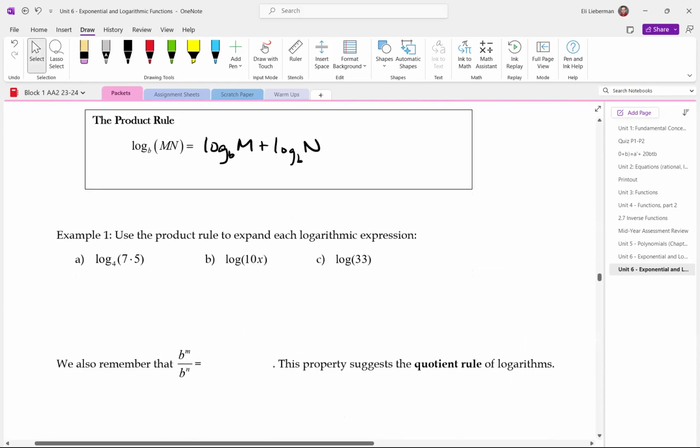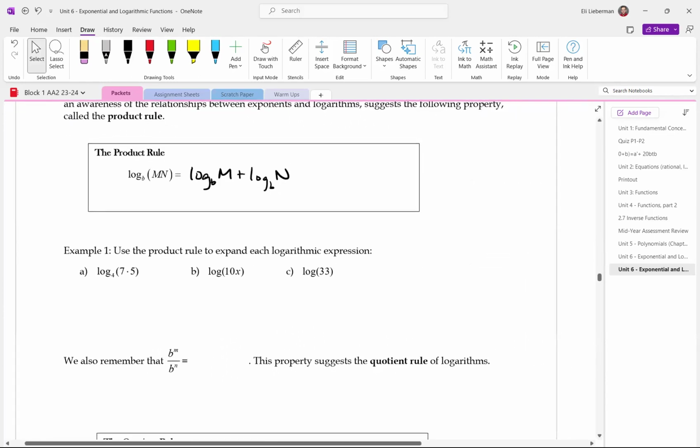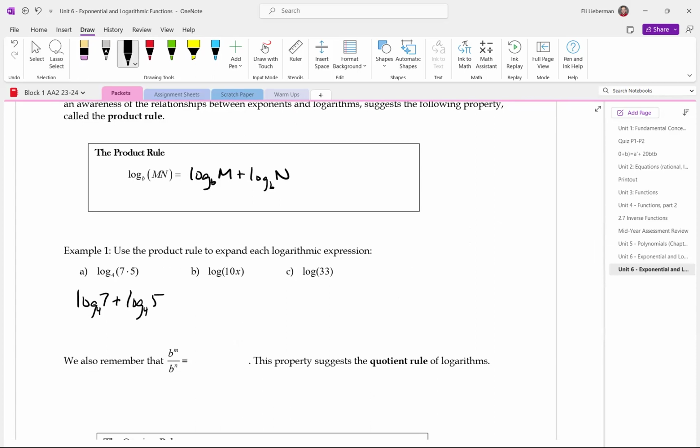So when you see something like these, you could just rewrite the expressions. Like the first one would just be log base 4 of 7 plus log base 4 of 5. I'll give you a moment to write out the other two. What page is this on?